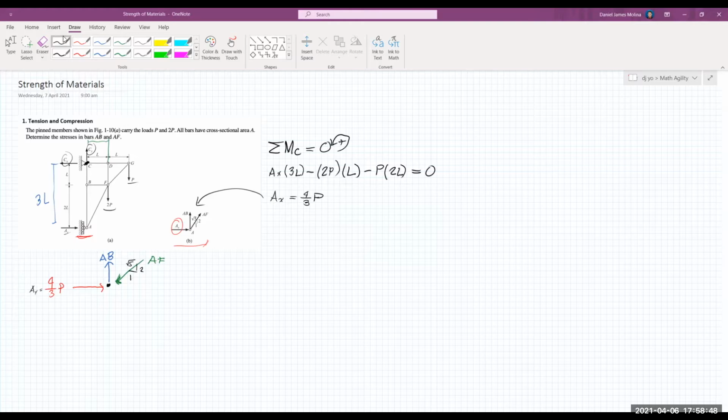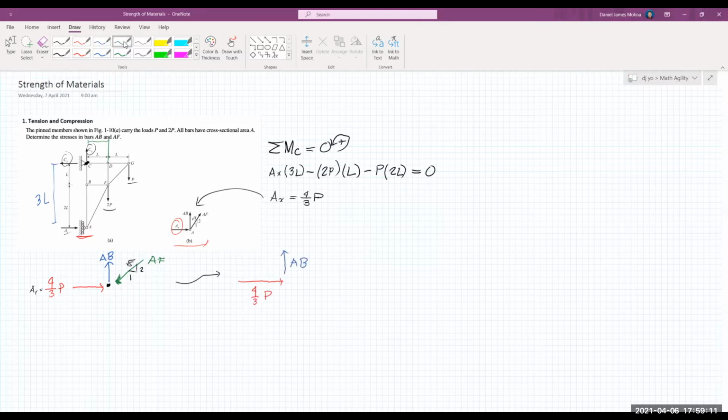Okay, so for us to easily solve for the forces at AB and AF, we can actually redraw the three forces for us to form a force polygon. So I'll draw first 4/3 P here, and then force AB here.